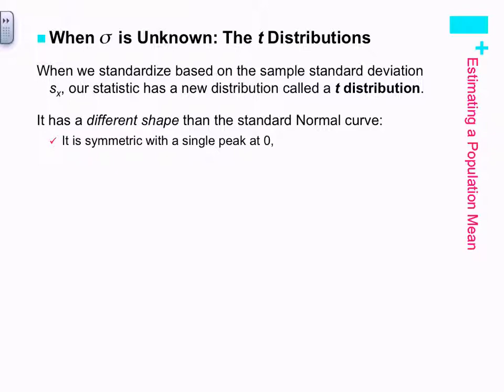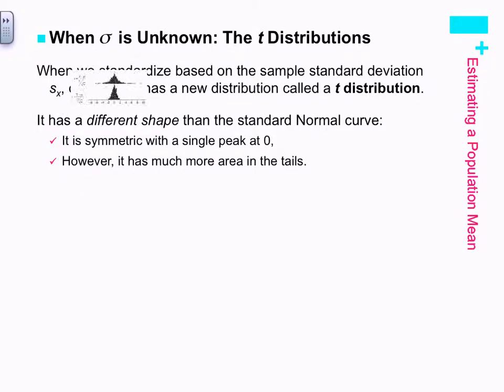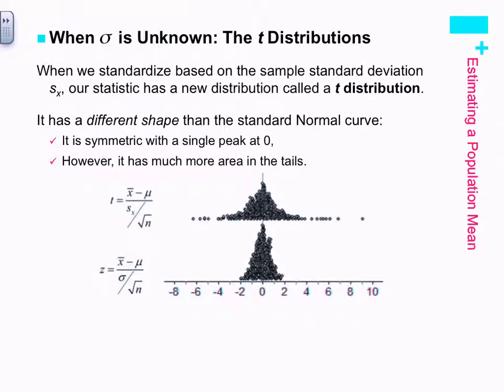It is symmetric, and it will have a single peak at 0. However, it's going to have much more area in the tails. So if you take a look, these are two examples. I'll describe these further in class with you. But this would be a t-distribution. So here are your sample means as opposed to your population means. So notice you have a lot more area in your tails, so it's not normally distributed.